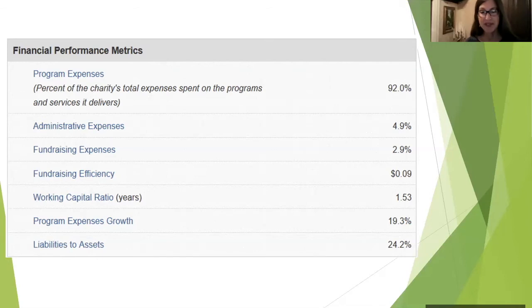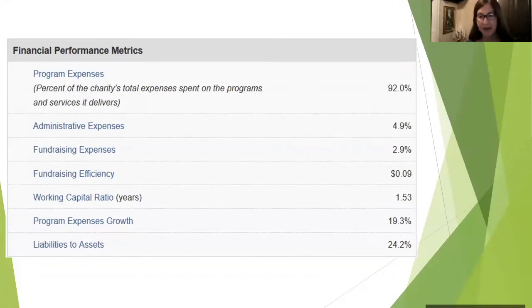And pretty much there's an unspoken rule in the not-for-profit community that your program expenses need to be at least 80% of your total expenses, or you are not viewed as a not-for-profit that's effectively using your resources. Some organizations say, oh no, it's only 70, but I can tell you.